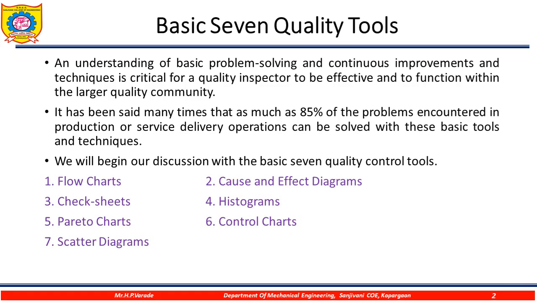So we will begin our discussion with the basic 7 quality control tools. Which are those? Flowcharts, cause and effect diagrams, check sheets, histograms, Pareto charts, control charts, and scatter diagrams. Let us learn these one by one. So today we will learn flowcharts.